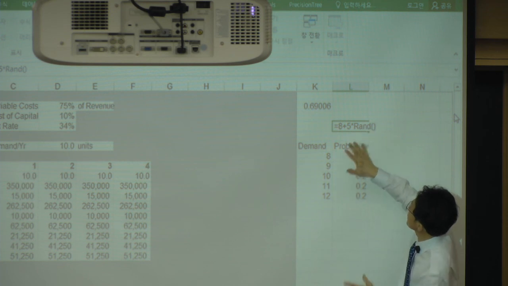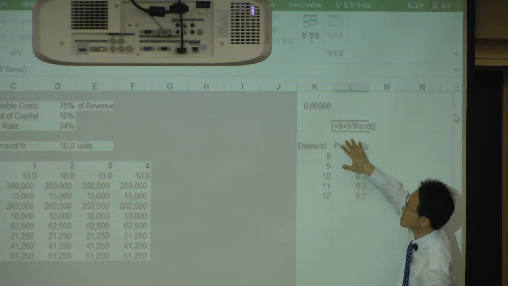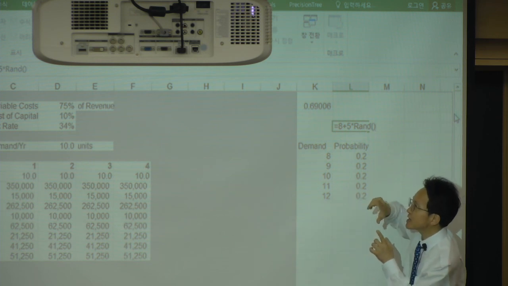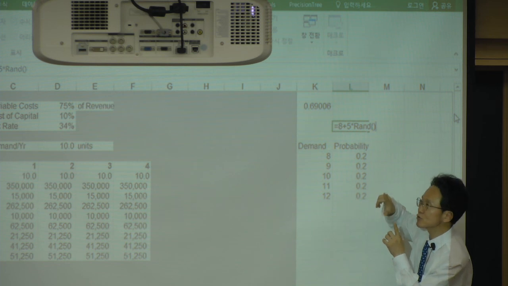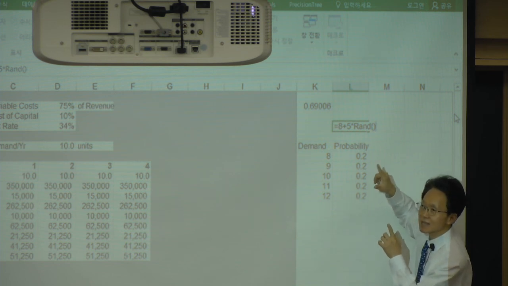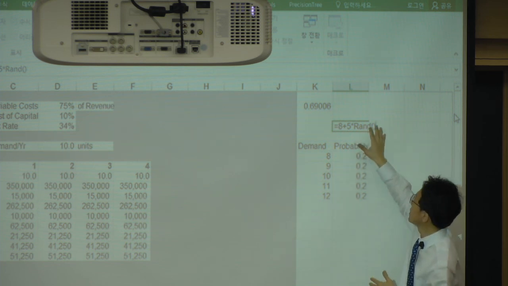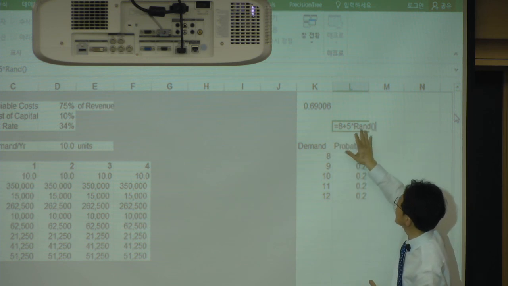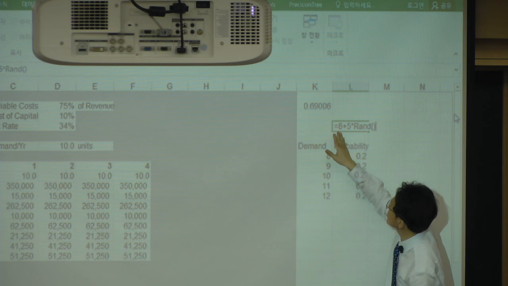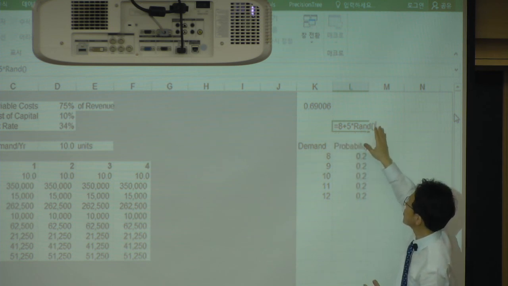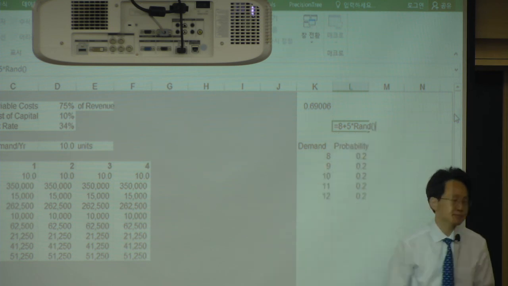And if the random number becomes 1, then the whole number becomes slightly smaller than 13, right? Probably 12.9999 or something. So I can see that if I use this, then the number is larger than 8, but smaller than 13.